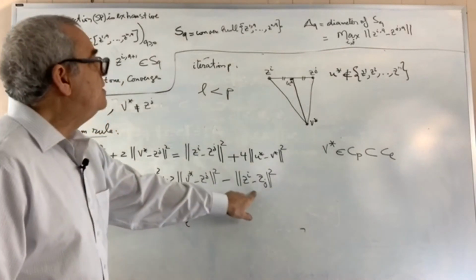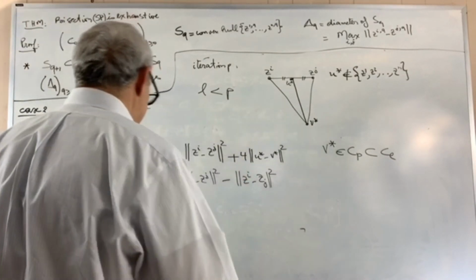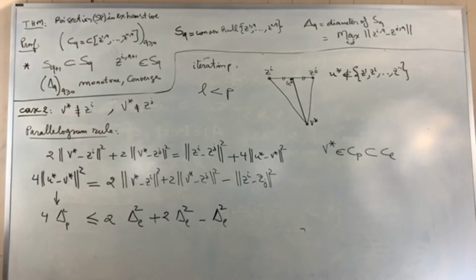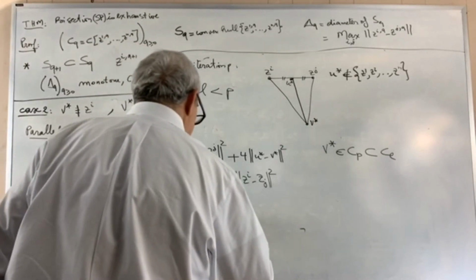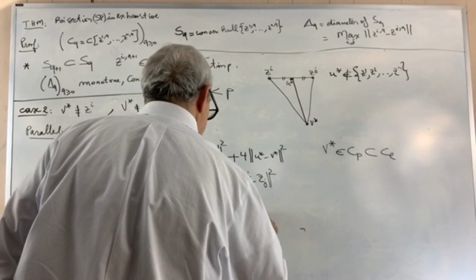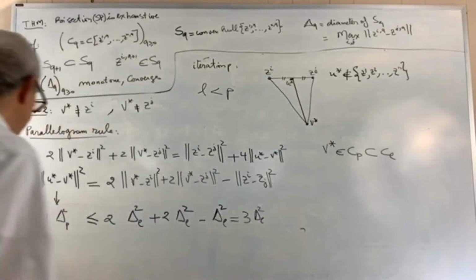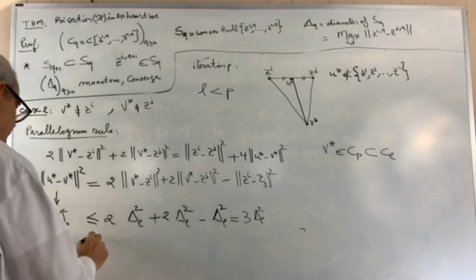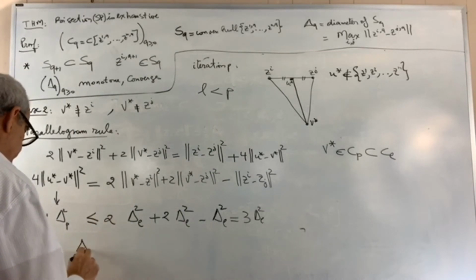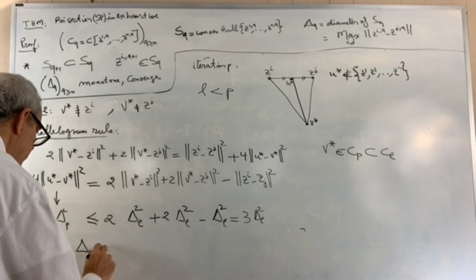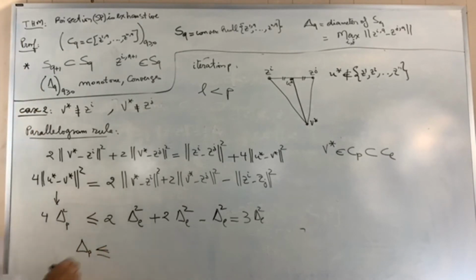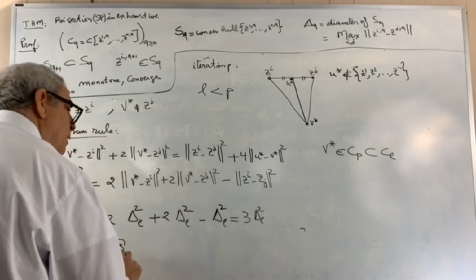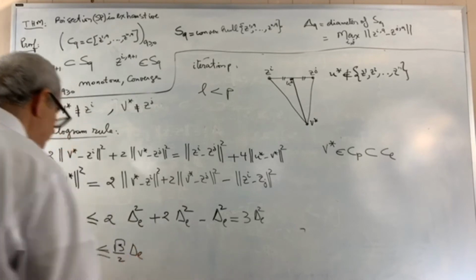And then this is the longest edge at iteration L, so minus delta L squared. So this is 3 delta L squared. So therefore, from here I get delta P is less or equal to square root of 3 over 2 times delta L. Okay?